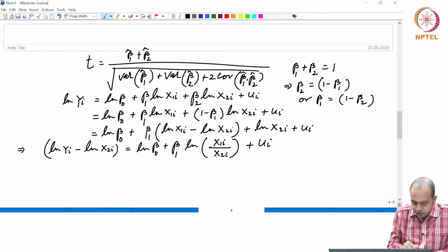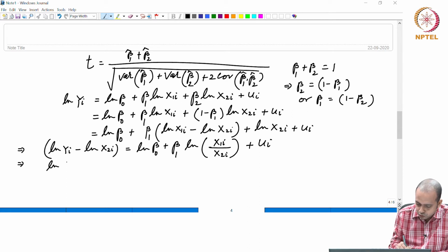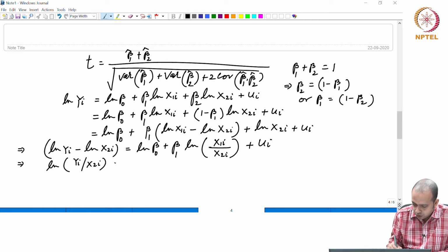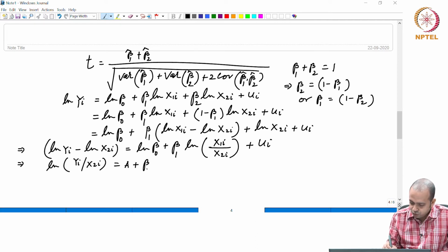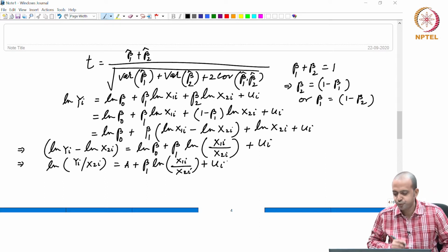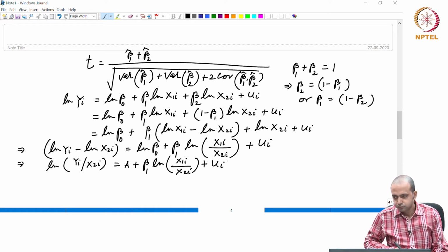Okay, and this would become log of yi by x 2 i equals, I can take log of beta 0 as a constant, let us say some constant a, plus beta 1 log of x 1 i divided by x 2 i plus ui. Is this fine?